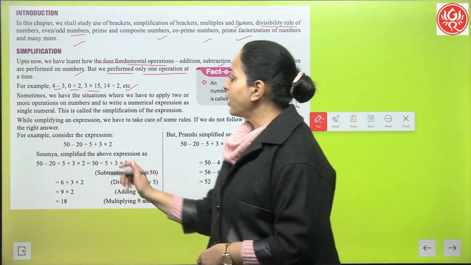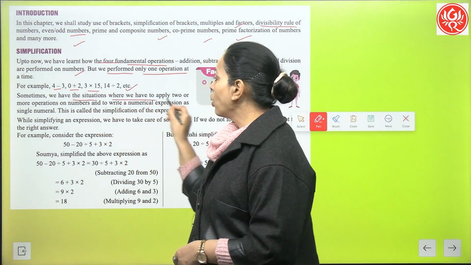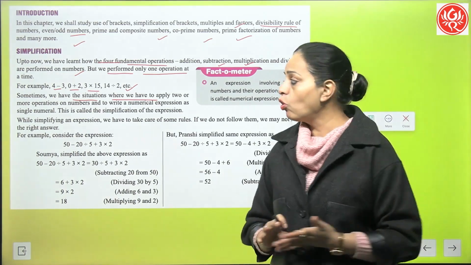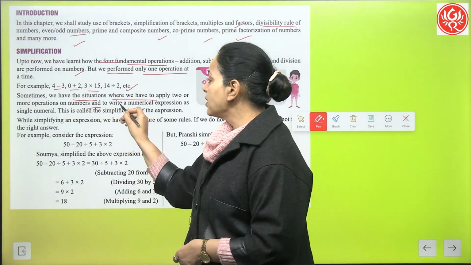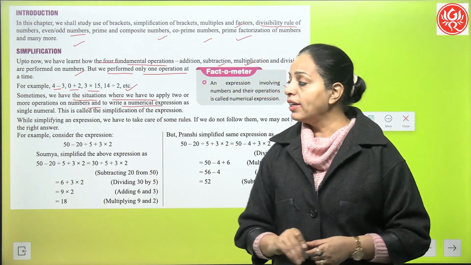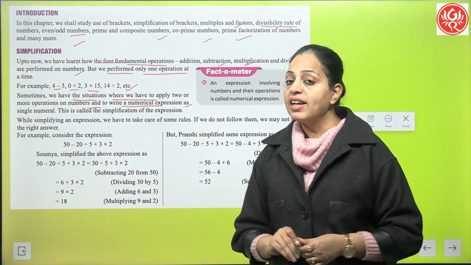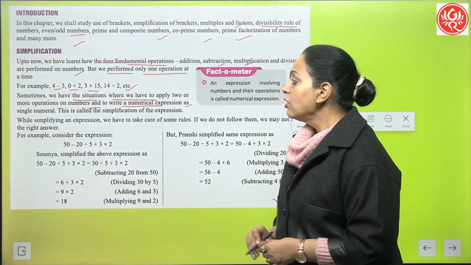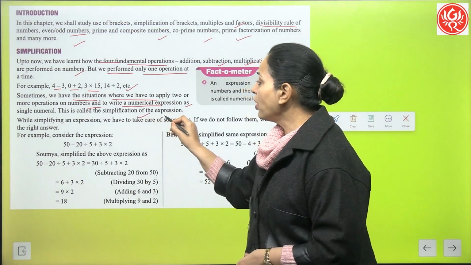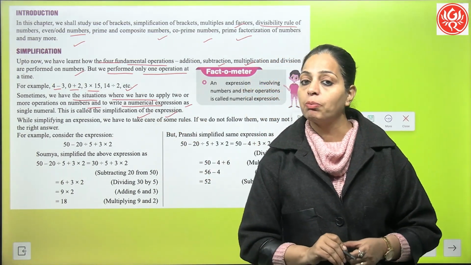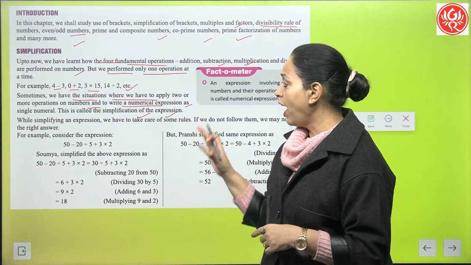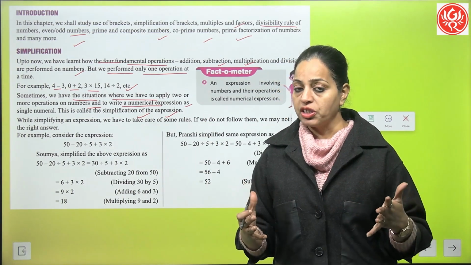Now, sometimes we have the situations where we have to apply 2 or more operations on numbers and to write a numerical expression as a single numeral. So this is called the simplification of the expression. Sometimes we have 2 or more operations.